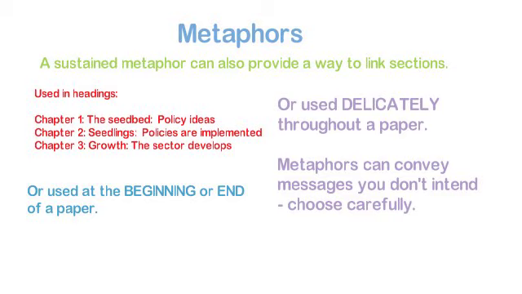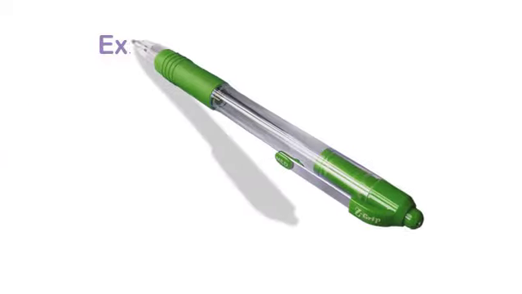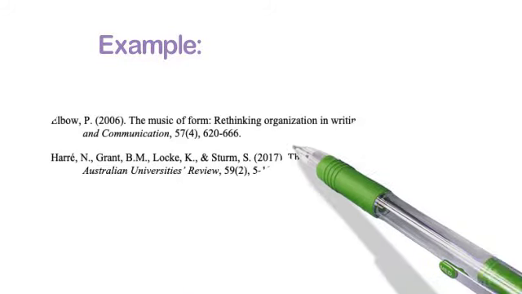But you really want to use metaphors quite delicately throughout the paper. They can convey messages you don't intend to convey, so you really need to choose your metaphors carefully and make sure that they are conveying the message you want. So here are 2 examples from published papers just to illustrate what I mean by this.